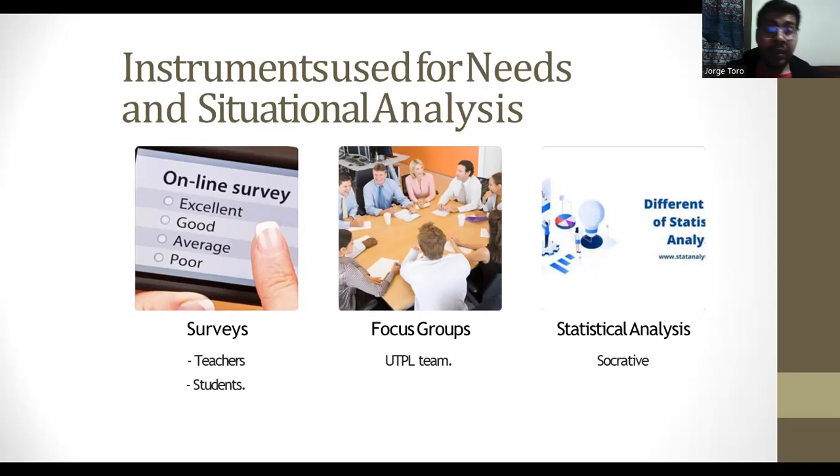I have to mention that it was really fun and interesting to work with them. And the last one is a statistical analysis. In this part, we used Socrative, which is a really nice tool with which you can create tabulation of the analysis or the investigation you're carrying out.